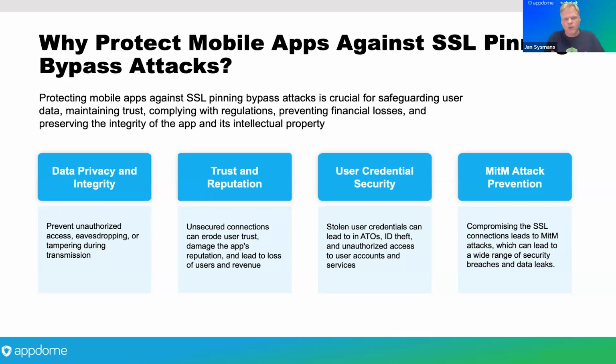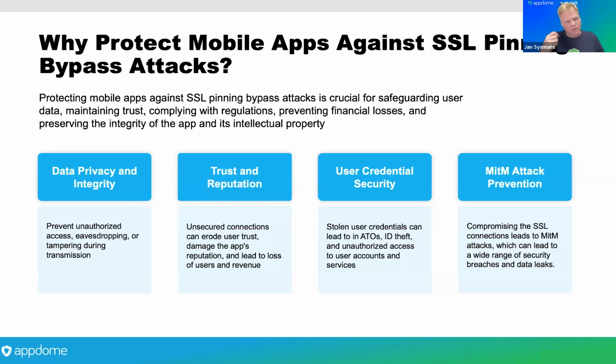SSL pinning is a security mechanism used in mobile apps and web applications to enhance the security of the communication between the mobile app and the backend server. This is a protection level designed to prevent attackers from intercepting or tampering with the data exchange between the app and the server by verifying that the server's certificate matches an expected pre-configured certificate hosted at the server side.